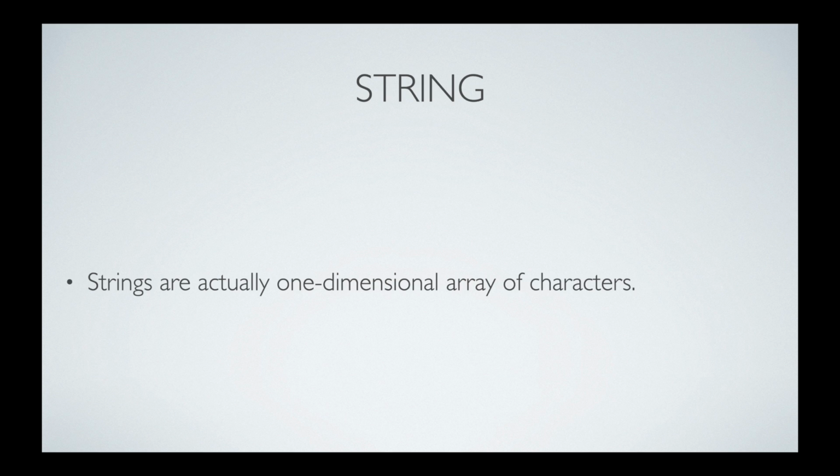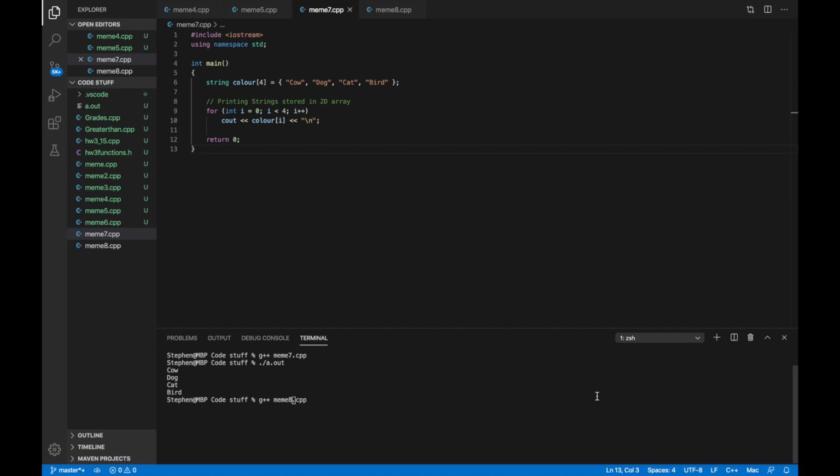We will now go to Visual Studio Code, and we'll do an example covering what strings are and how they work. We'll be working on strings. Now, this is the first example, and this is what else you can do with arrays. What we have is an array called color, and we have a list of animals.